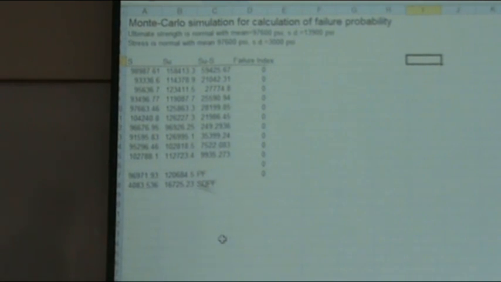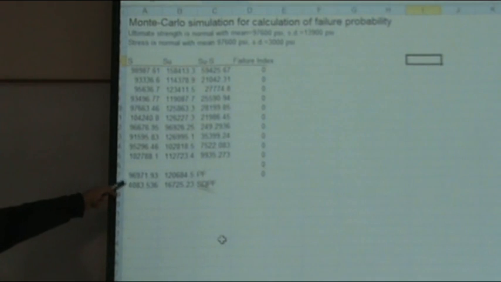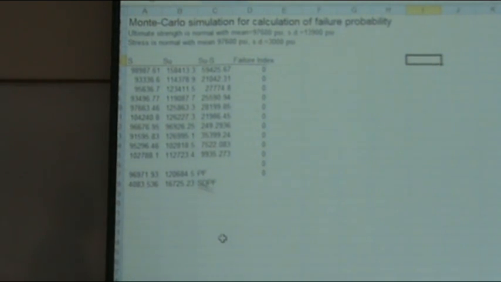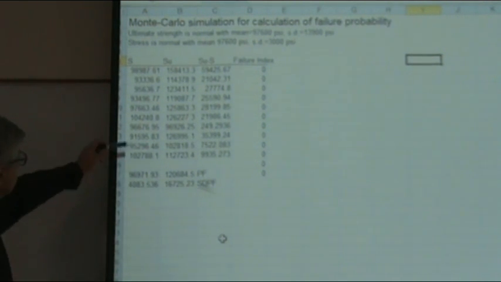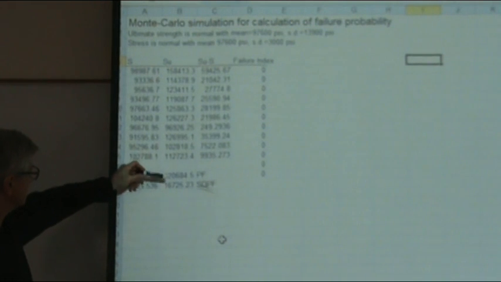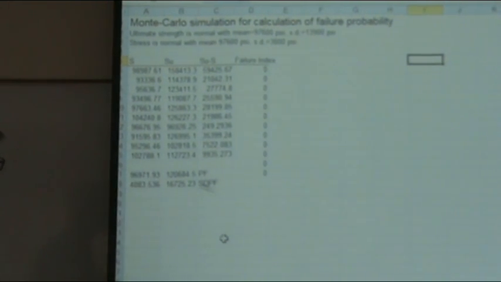So the mean value of the strength is 97,600. I'm sorry, the stress. The standard deviation looks like about 4,000. The stress, that's the stress. The strength is this mean value, the standard deviation.